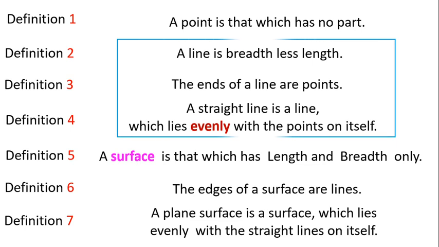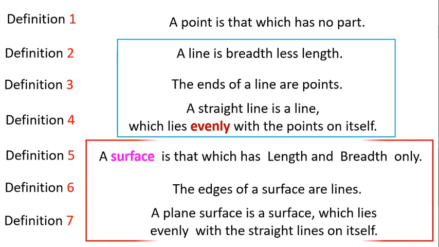So the first three is about a line, and the next three is about the surface. You can make some classification like this. Definition 1 is about point, and with the help of point he tried to explain define line, and with the help of those two he will try to define surface and the types of surfaces.